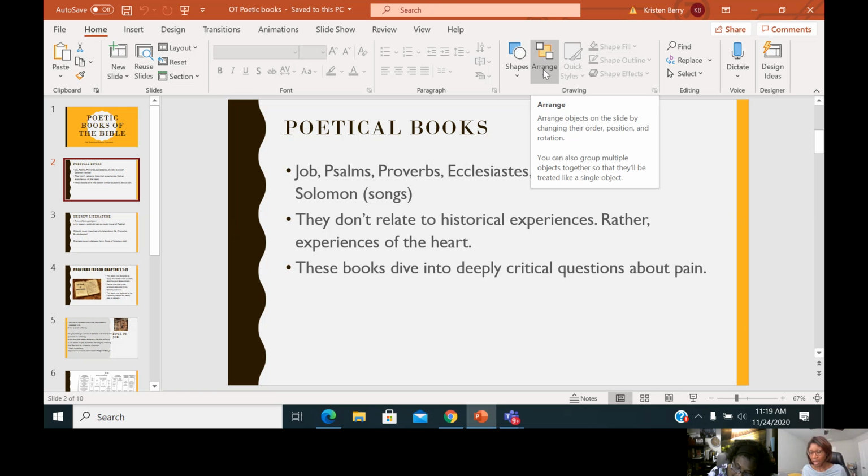So books that are similar will all go in the same category. So for example, the poetical books and wisdom books, you'll see that they're all grouped together. And then after the book of, I think it's Ecclesiastes, then you start to get into the prophetic books. And then all of the prophetic books are grouped together. All of the history books are grouped together.